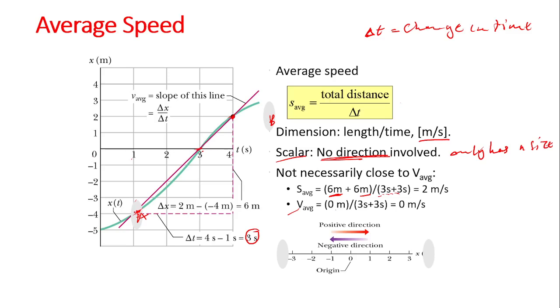Since it started from 1, or you can just remove the 1 which has been covered already on this side, you can simply say 4 minus 1, and the total time which was utilized was 3 seconds. That's why I have said 4 minus 1 is equal to 3 seconds, because this object started from 1.